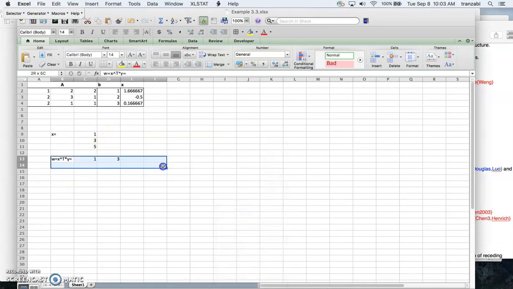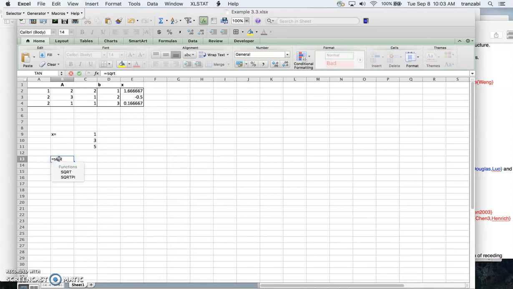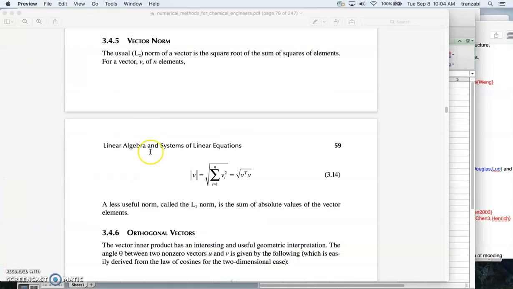I have to get the square root of the first element of x times itself, so 1 times 1, plus 3 times 3, the second element times itself, plus 5 times 5. And then we get the square root of it. So that's the norm of the x vector. That's right here: 1 times 1, 3 times 3, 5 times 5, you add them up, and you get the square root of it.